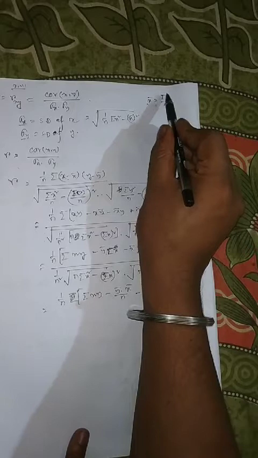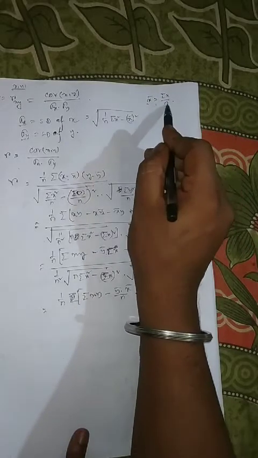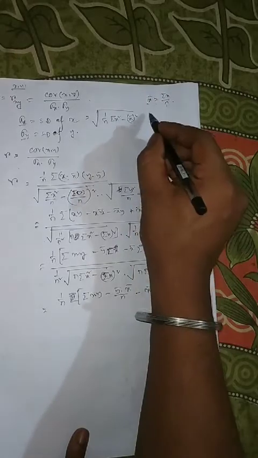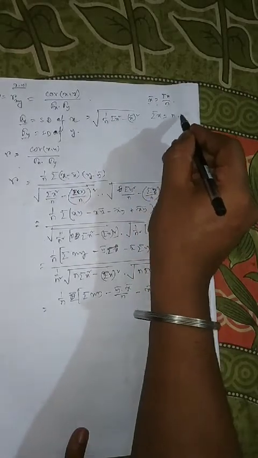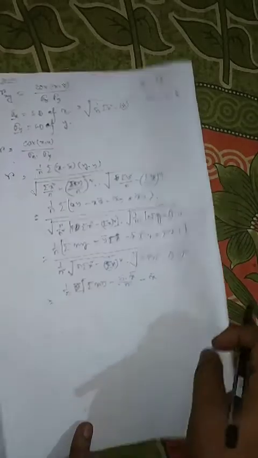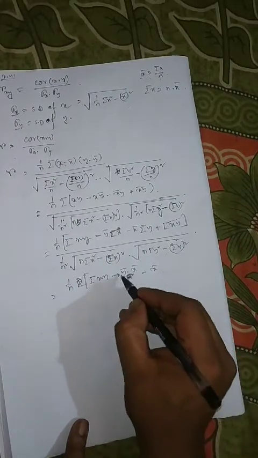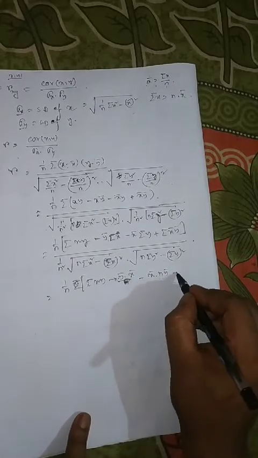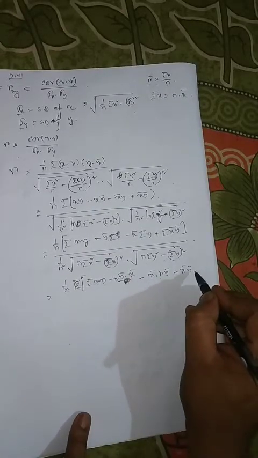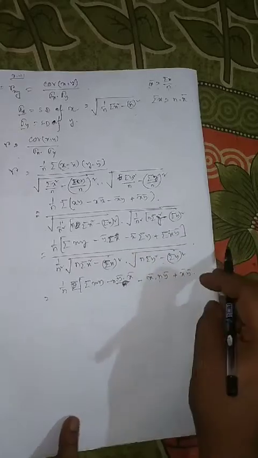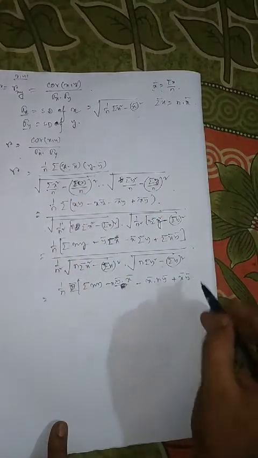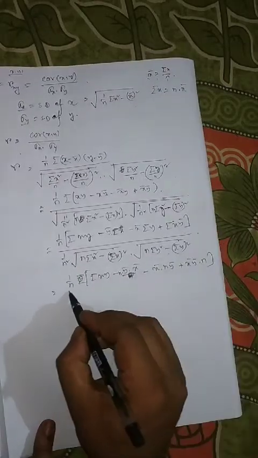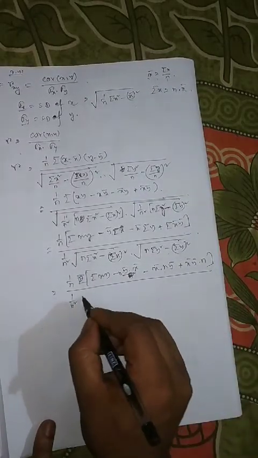Summation x equals n into x bar, so it will be n into x bar into n into y bar plus x bar will be common, y bar will be common, summation 1. Summation 1 means as there are n observations, so summation 1 will be n, divided by 1 by n square.